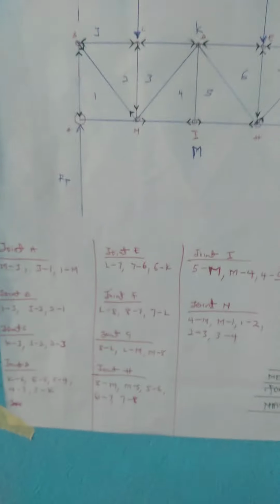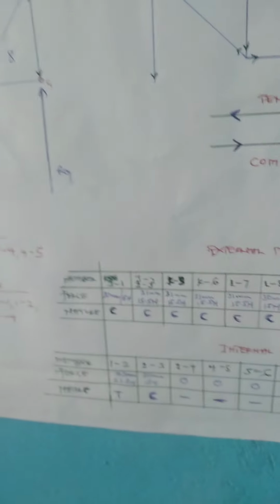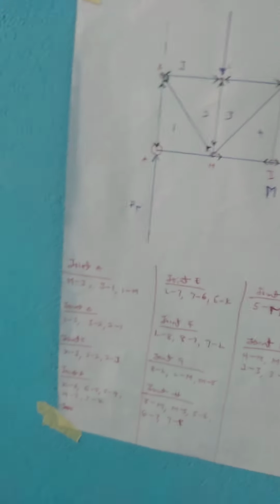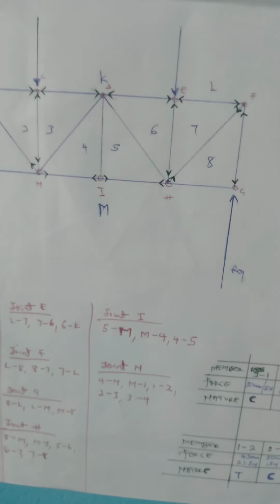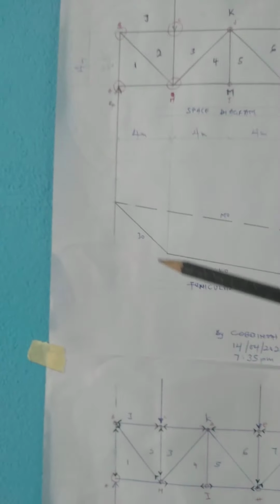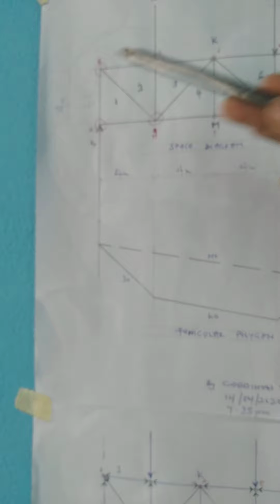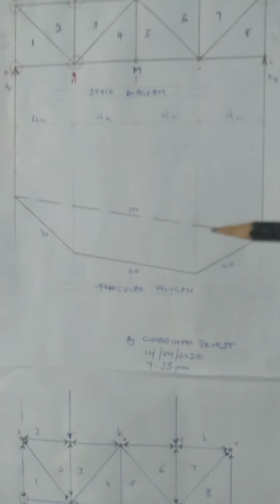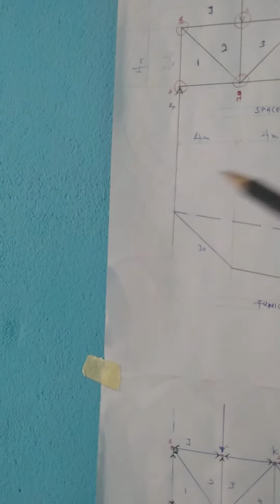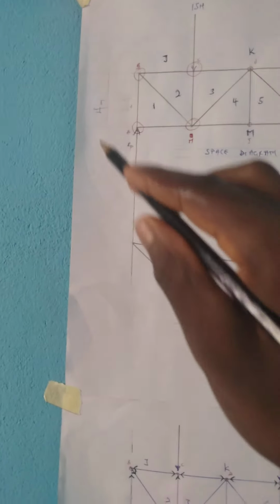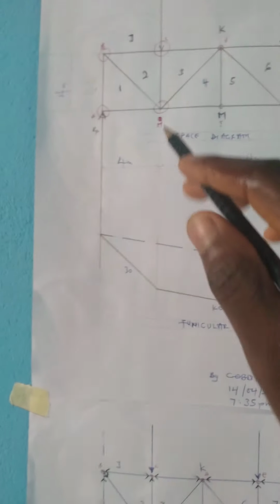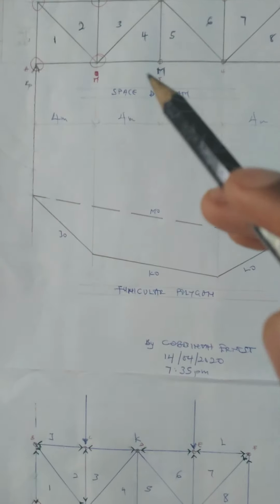So follow these principles and work out the nature of forces in all members. In summary, you first consider the joints in the truss. And then you consider at every particular joint a clockwise rotation for all the members.